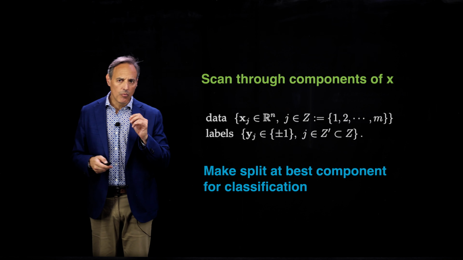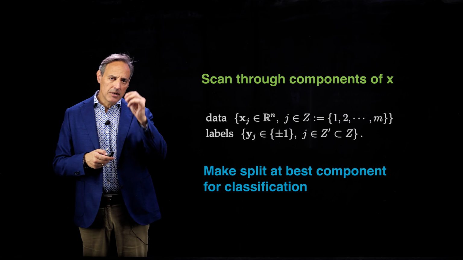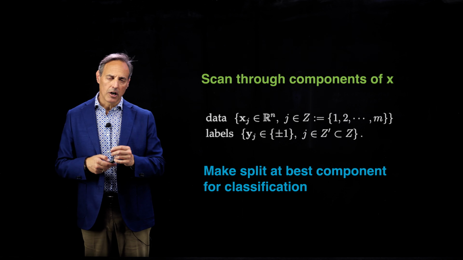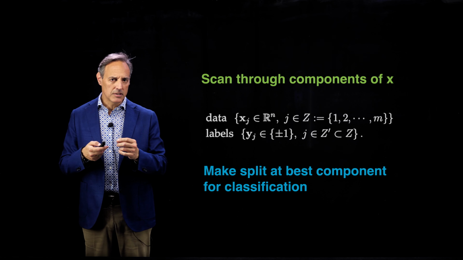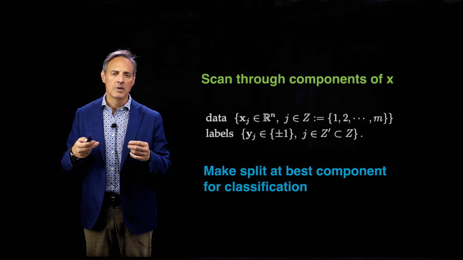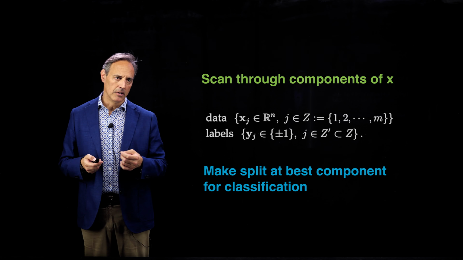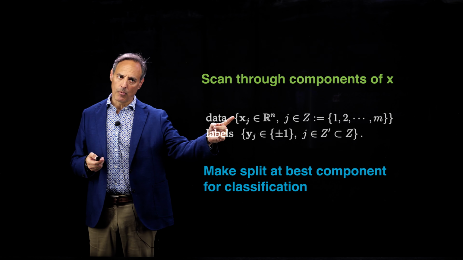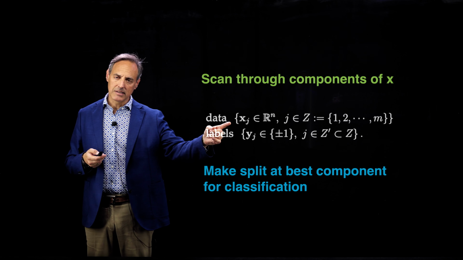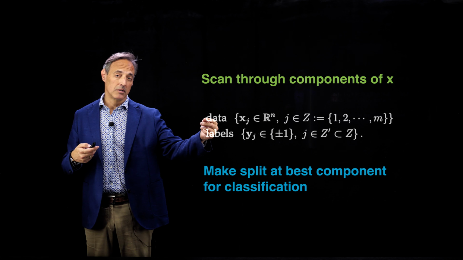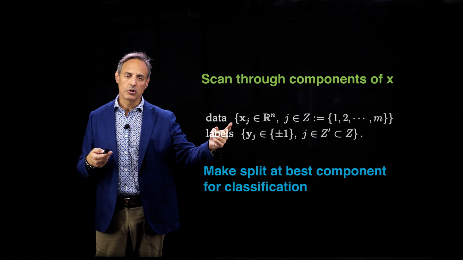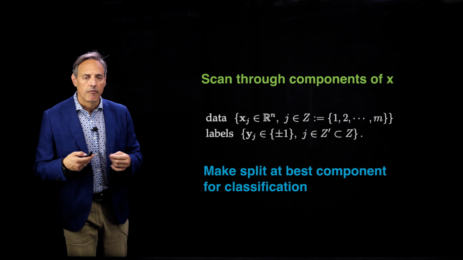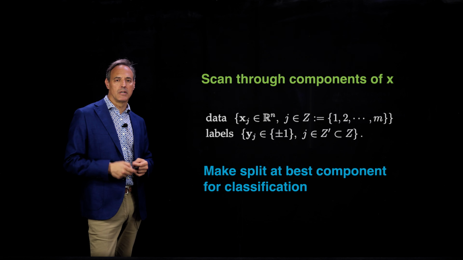This is going to be really important because each of those n dimensions is a dimension we're going to search through to see which one we could use to make classification happen. I have m total data points. This vector x is going to play a profoundly important role in the classification tree because we're going to search through x for making splits in our data.